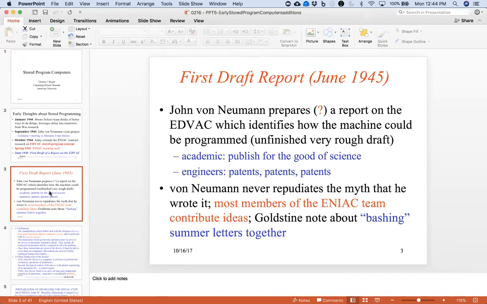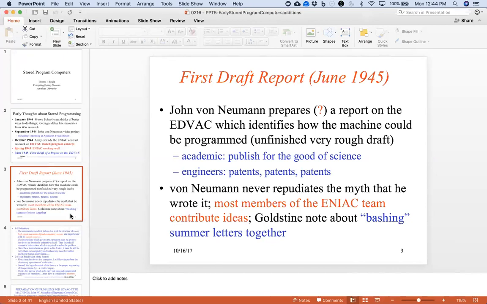Basically, von Neumann himself didn't necessarily write this report that's being discussed here, but he got a lot of input from the ENIAC team, the people who invented the ENIAC, and they contributed ideas to it.